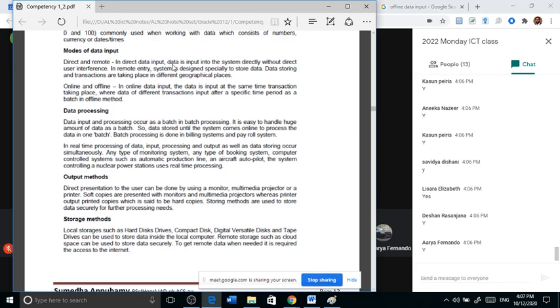In direct data input, data is input into the system directly without direct user interference.